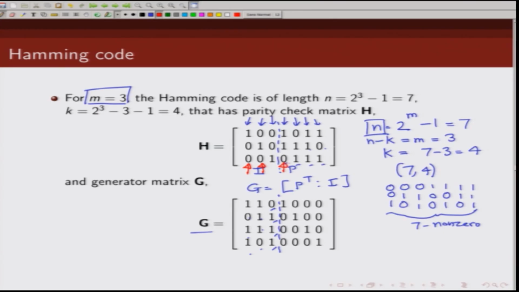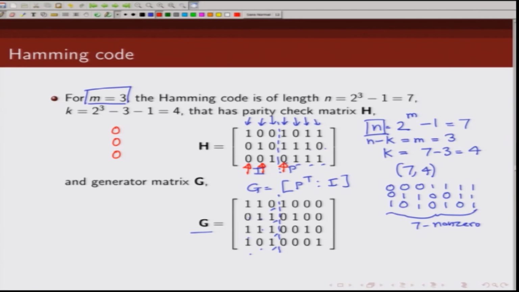You can see column number 1, 2 and 4 will add up to 0, 0, 0. So, 3 is the minimum number of columns that will add up to 0, which means the minimum distance of this code is 3.